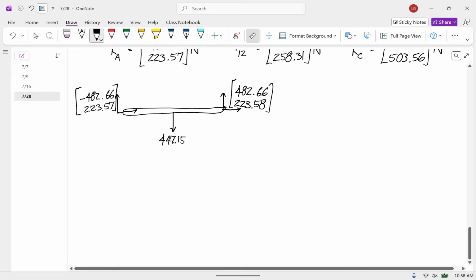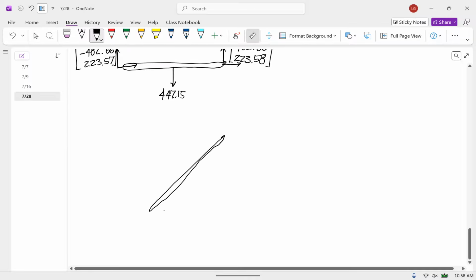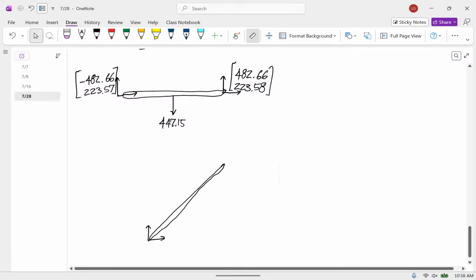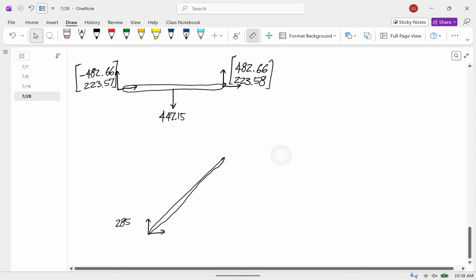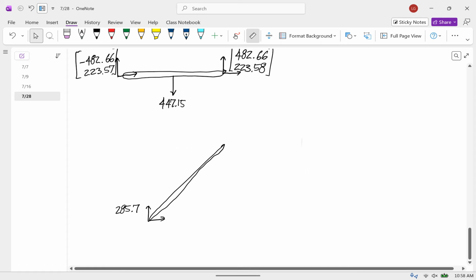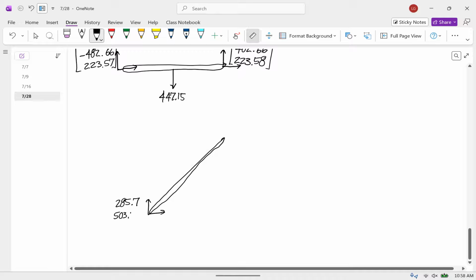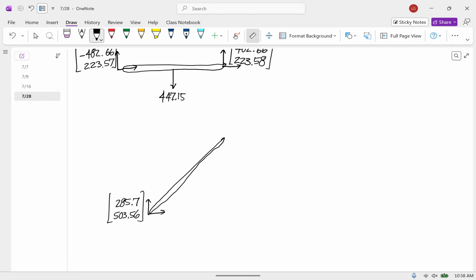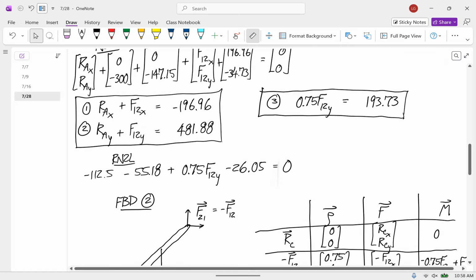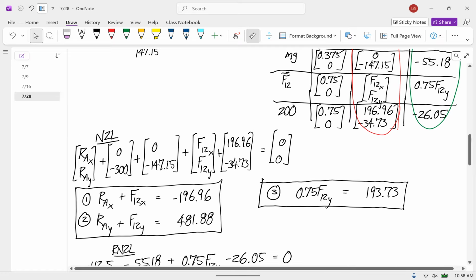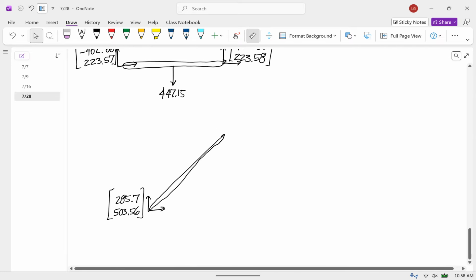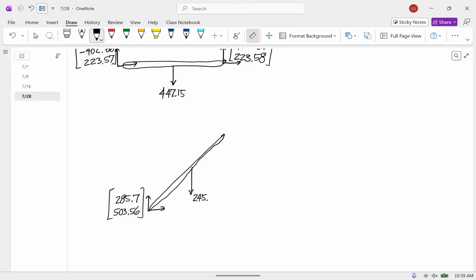And then now we'll go to this one. We have RC here. And at the midpoint, we just have the weight. So that's 245.25.